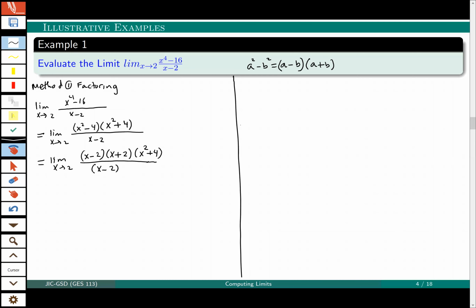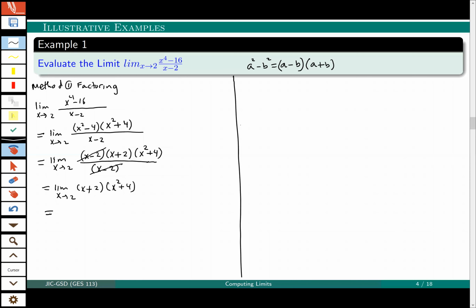Now, the one which makes it 0 over 0 is x minus 2, so it has been cancelled. So we get the limit as x goes to 2 of x plus 2 times x squared plus 4.